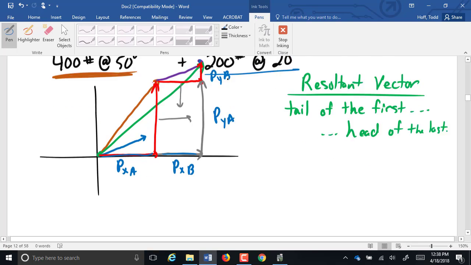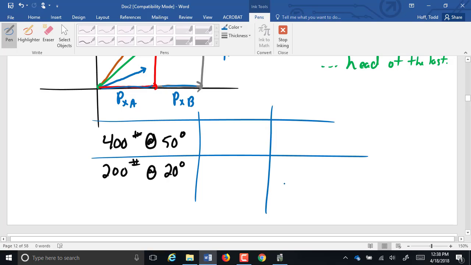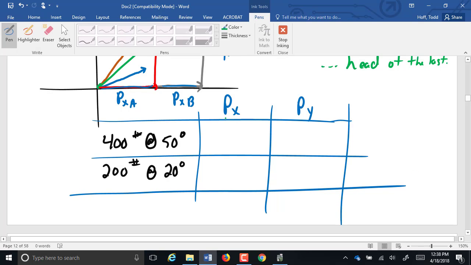So to combine those vectors, I am first going to find the x component and the y component, the horizontal and vertical component of each of them. Px, how am I going to find it? For the 400 at 50 degrees, well, it's 400 times sine or cosine?